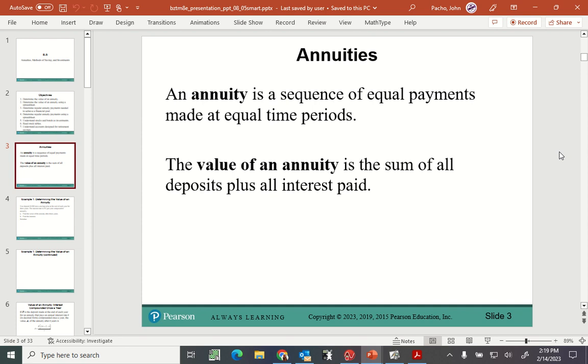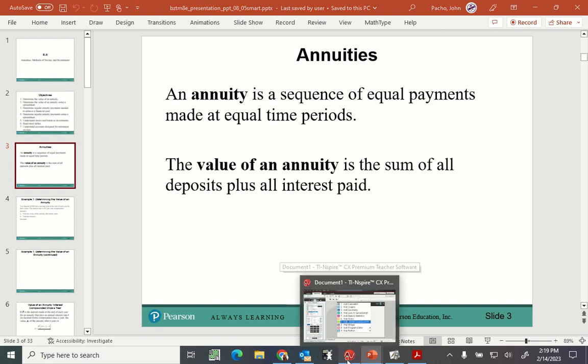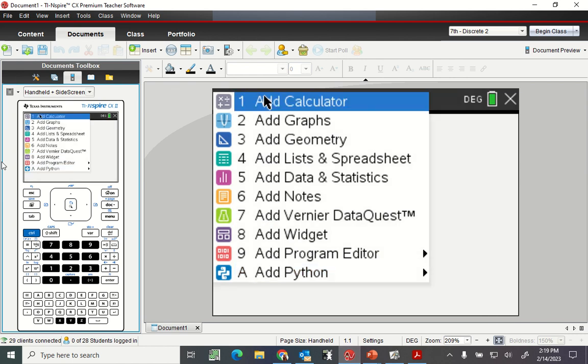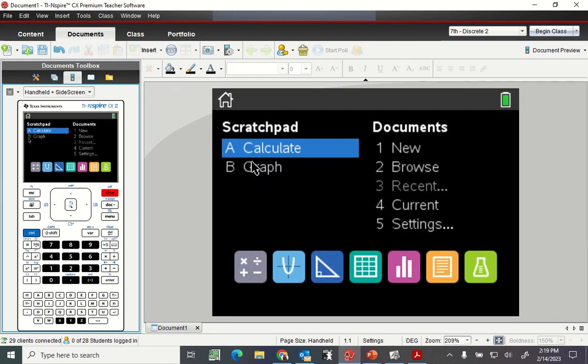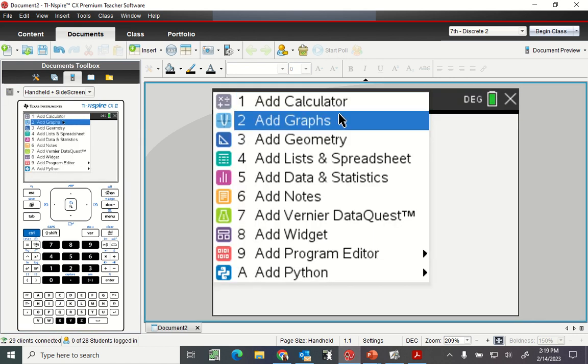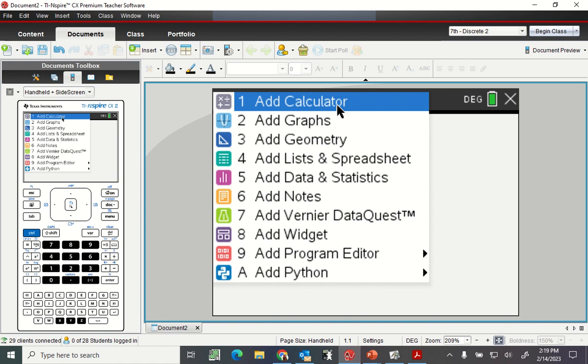So scroll over to the next one. I'm going to bring up my calculator and show you how to get there. I know we're writing these things down because that's important. So, home, new doc, add calculator, because a lot of people are going to get lost right here.